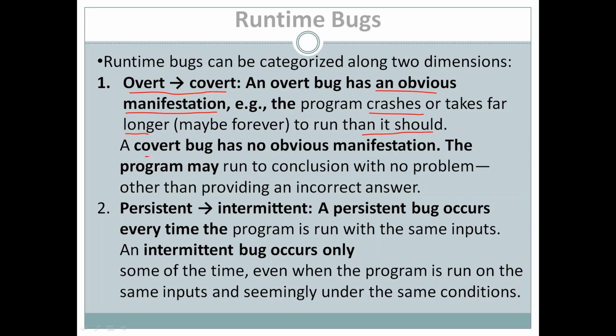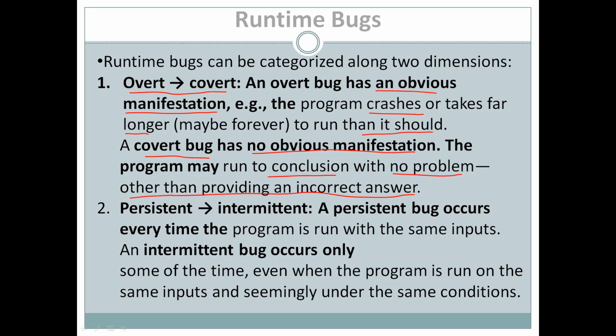A covert bug has no obvious manifestation, meaning it may not show you that there is something wrong in the program. The program may run to conclusion with no problem other than providing an incorrect answer.